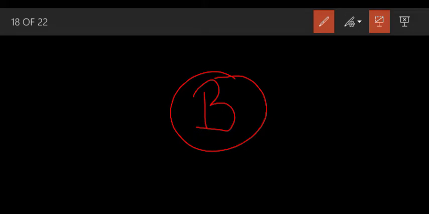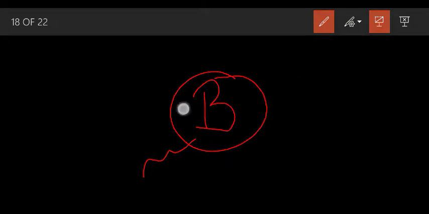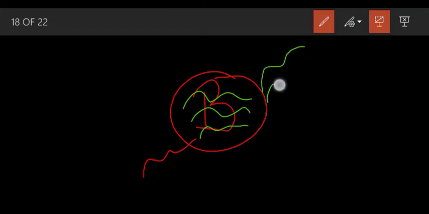So let's consider this as a boiler B. In a boiler, heat is supplied. When heat is supplied, the fluid present here tends to change its phase and produce steam. So we get the final product as steam.